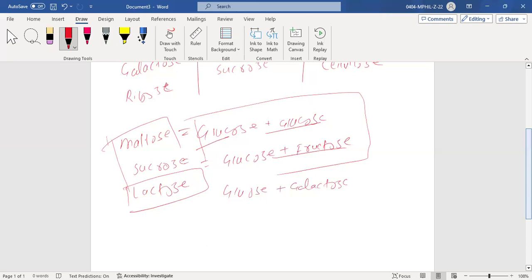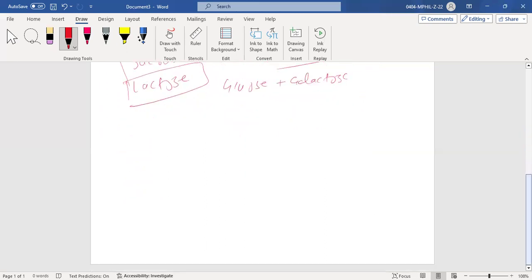Now I hope you know the chemical formula of glucose. It is C6H12O6. Get it? C6H12O6.